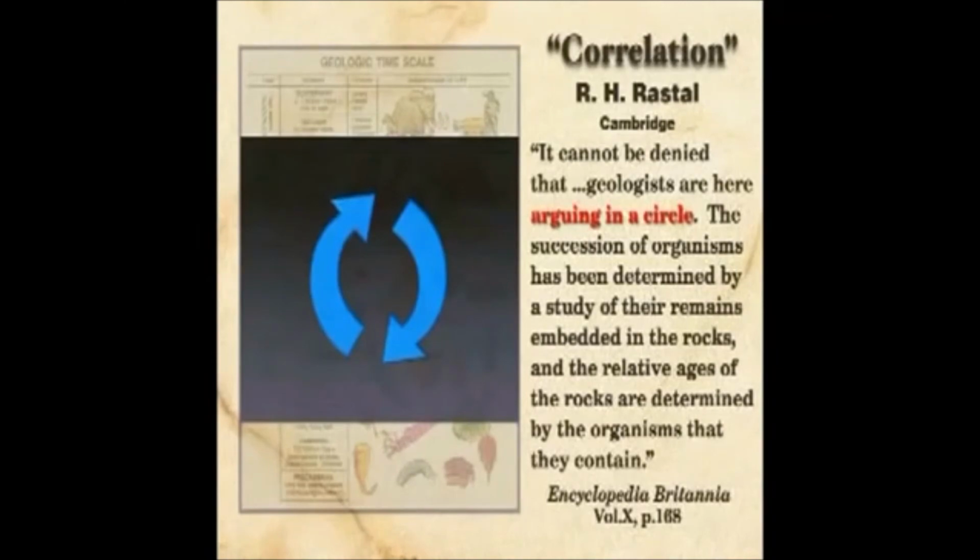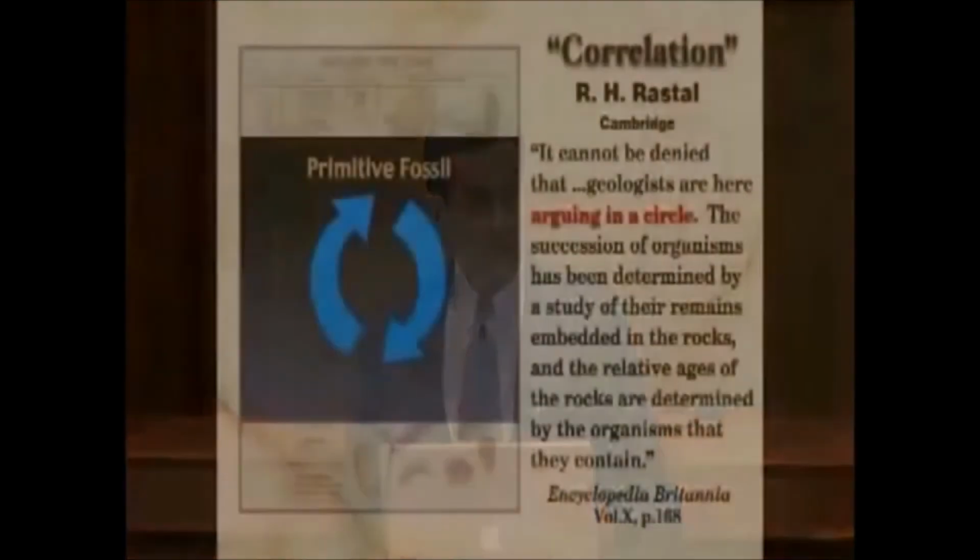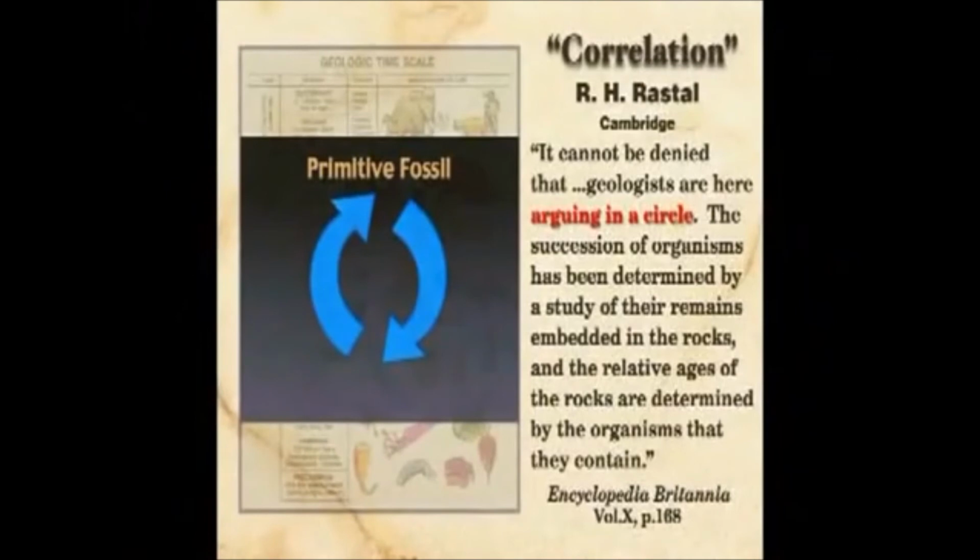Now, let me illustrate and simplify, somewhat oversimplifying, but still not misrepresenting. A person says, we have a primitive fossil here. Okay, how do you know? And of course, that would go on the bottom of the column. But how do you know that's a primitive fossil? Well, it's found in an old rock. All right, that would make sense. If you've got an old rock, it'd be a primitive fossil. But now, how do you know that this is an old rock?